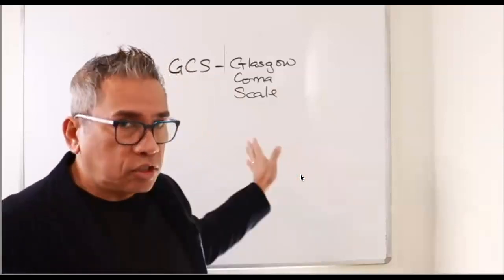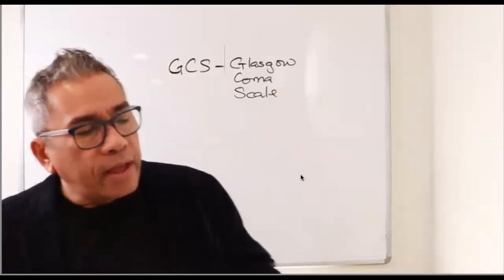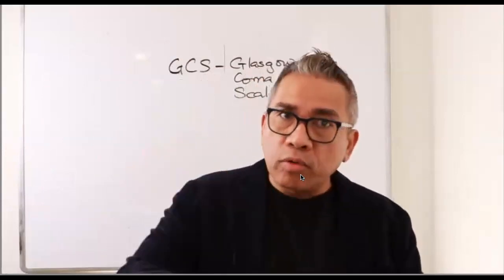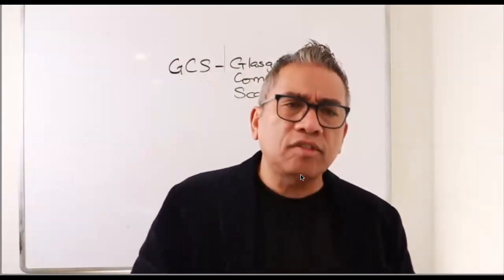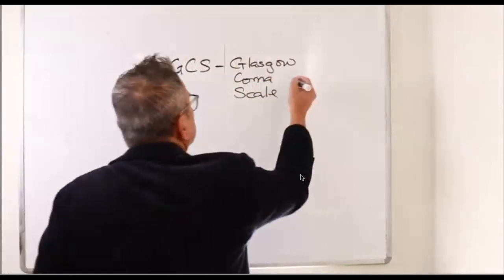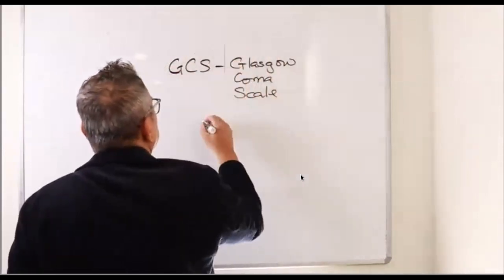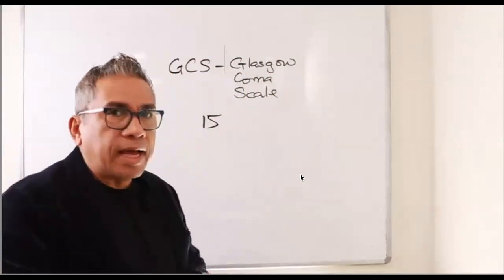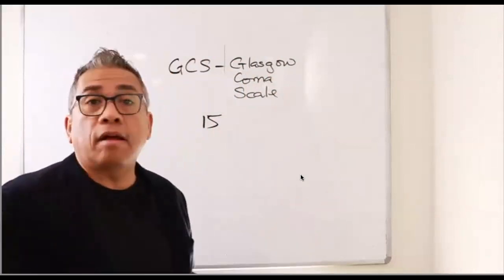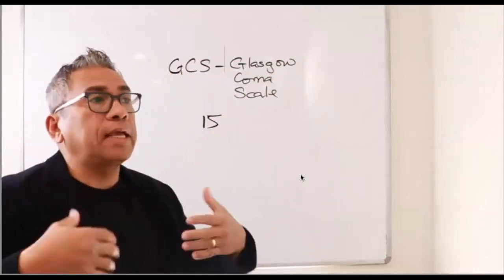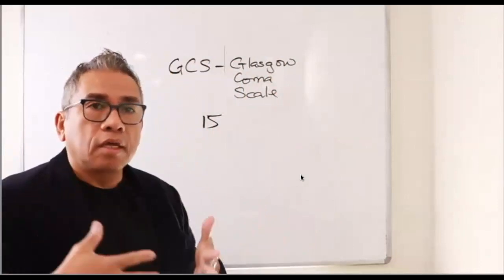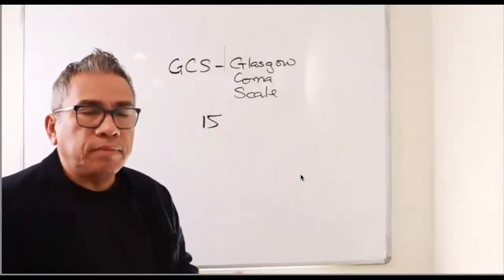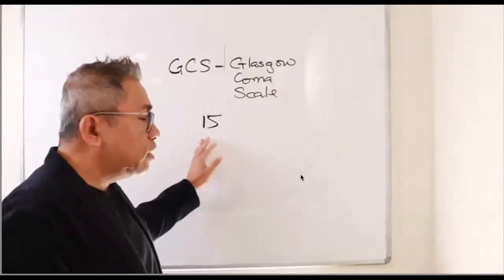That's what the GCS score is about. Now, from what I understand, the GCS score is up to 15, right? 15 would be the perfect score. 15 means the patient does not have any loss of consciousness. The patient is able to respond to commands, to any stimulus. The patient will have 15.